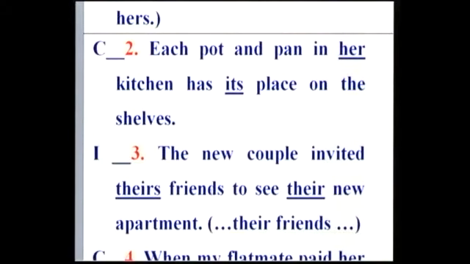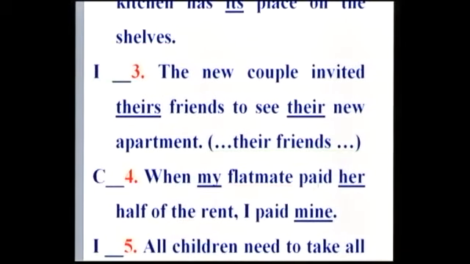The new couple invited their friend, لا, their friends to see their new apartment. Their الثانية is correct. When my flatmate paid her half of the rent, I paid mine. This is correct.